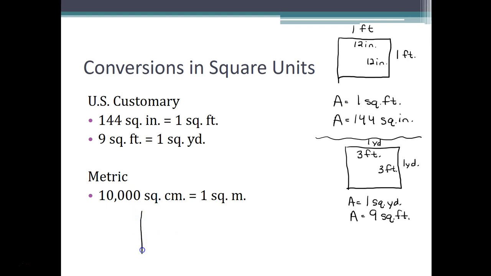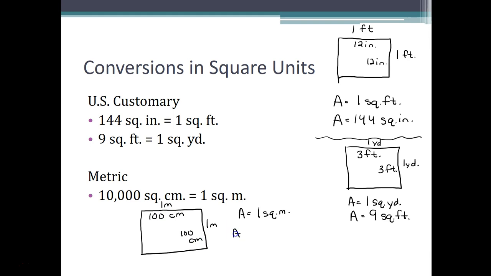Or let's say you have it in terms of centimeters and meters. The square could be 1 meter by 1 meter. So in that case, the area is 1 times 1, or 1 square meter. But remember, 1 meter is the same thing as 100 centimeters.